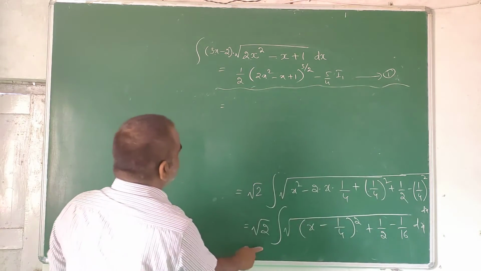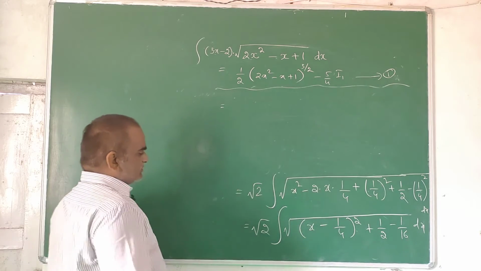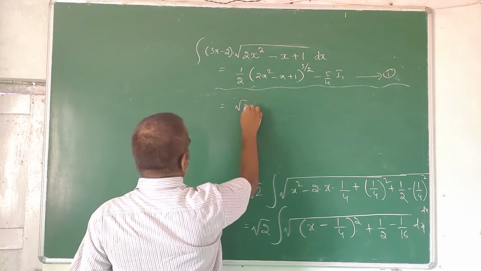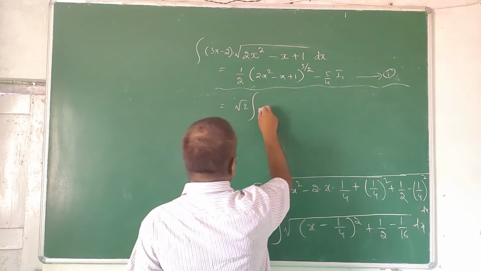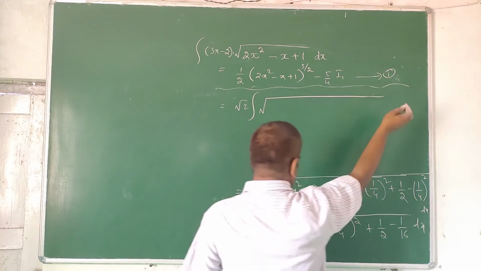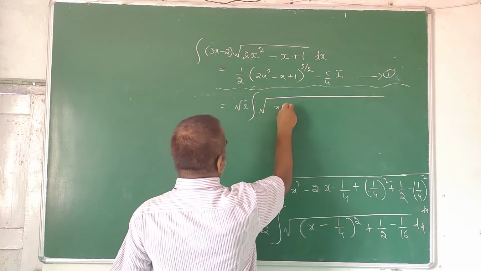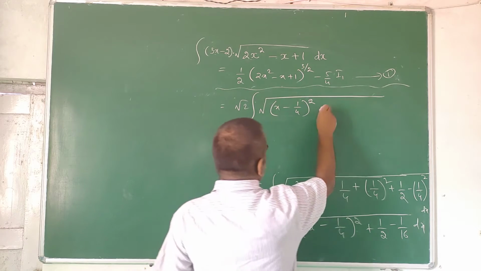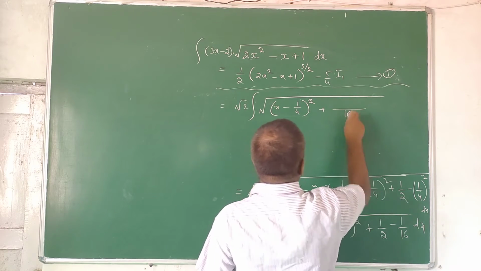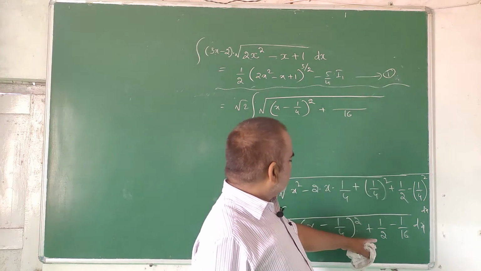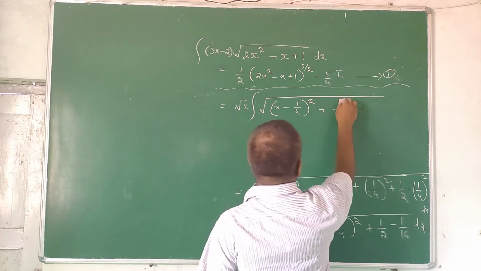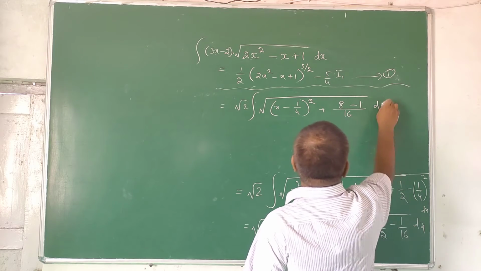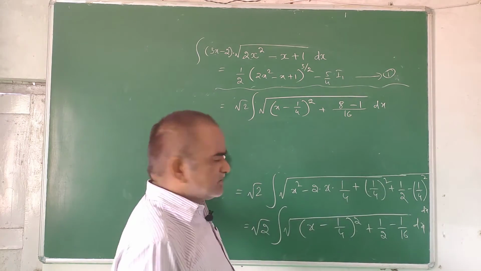Now this continuation I am saying, this is equal to root 2 into integral root over x minus 1 by 4 whole square plus, if you take LCM 16, then you get 8 minus 1 dx, right?